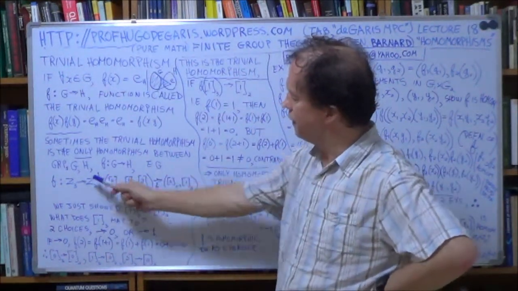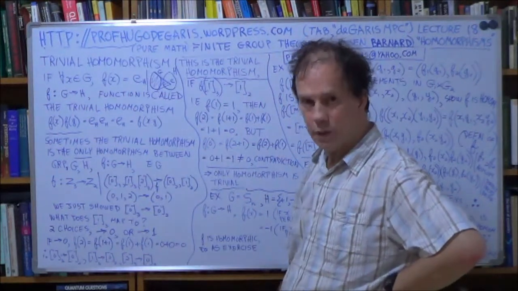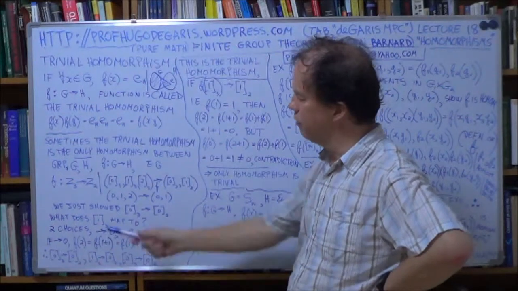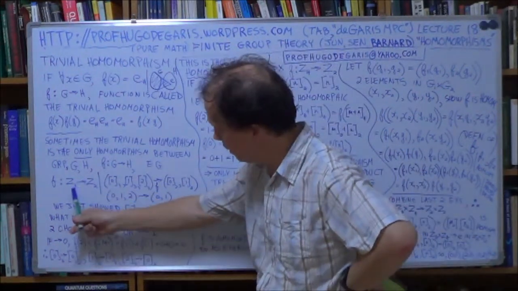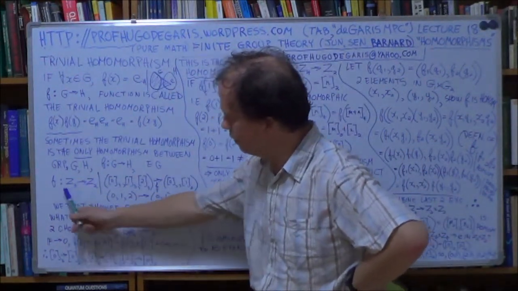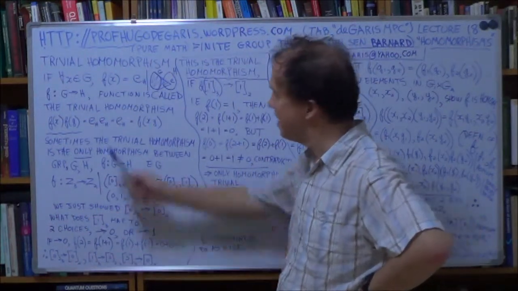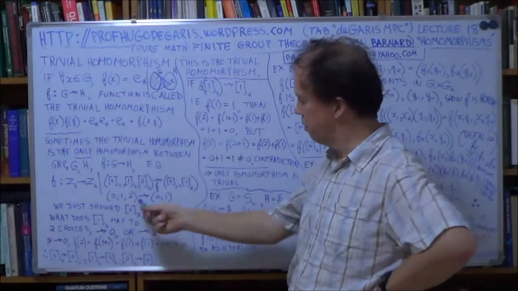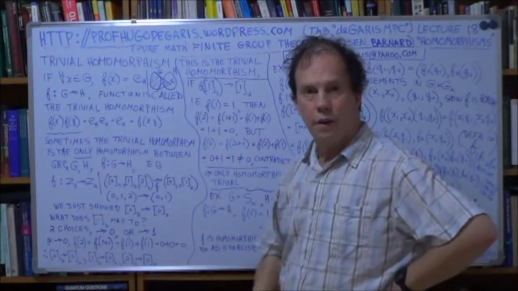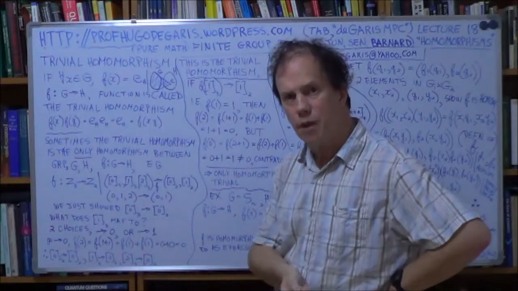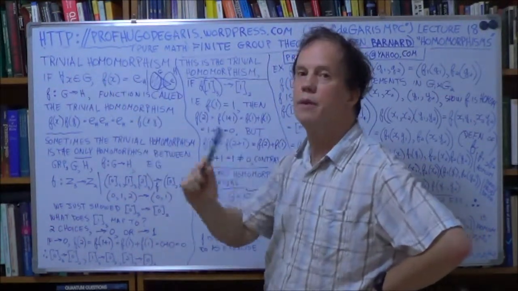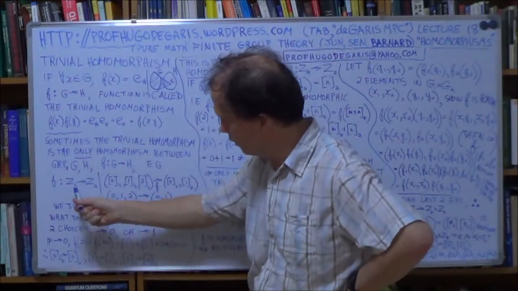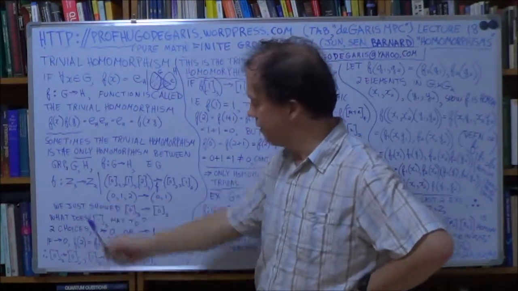So here's a case showing that's true. The only homomorphism that exists between these two groups, Z3 and Z2, is this trivial homomorphism, and we'll prove that there can be no other homomorphism other than this one. There is no second one. It's only of this kind, for certain pairs of groups.